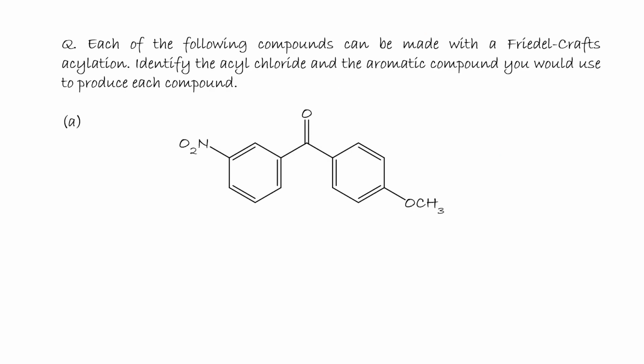Each of the following compounds can be made with Friedel-Crafts acylation. Identify the acyl chloride and the aromatic compound you would use to produce each compound. For the first one, NO2 is strongly deactivating, meta-directing.